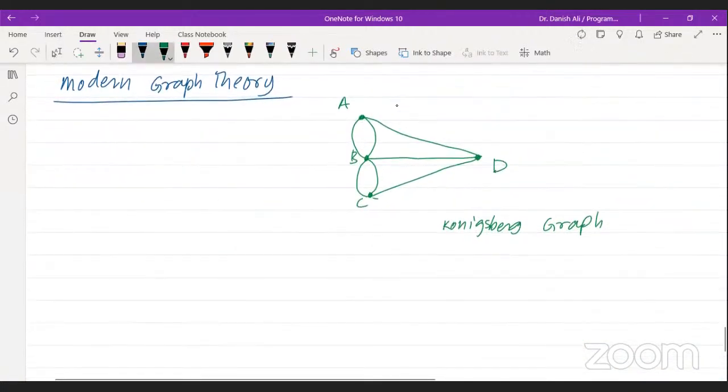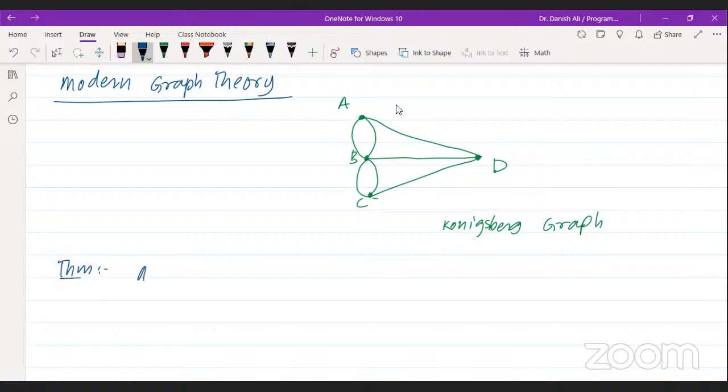So the theorem, or you can say the version of the solution, is: do you have a path so that you can go through all vertices using each edge only once? I'll just give you the theorem and then I'll tell you the terms in it.